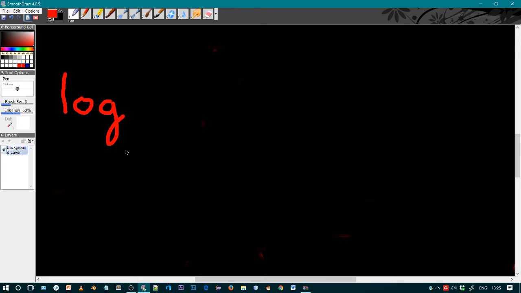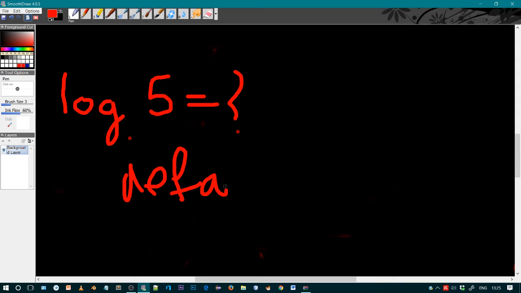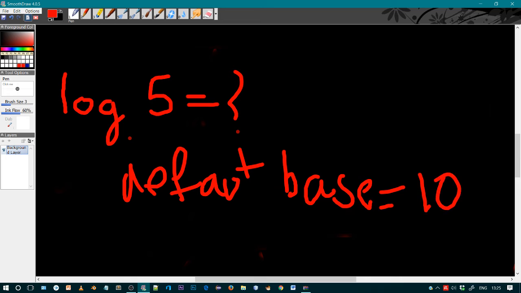So let me tell you one thing. For example, if something is written as log 5 here, and you're wondering about the answer, you're like, what? We have no base. How can we give an answer without a base? Well, the default base is 10 always.